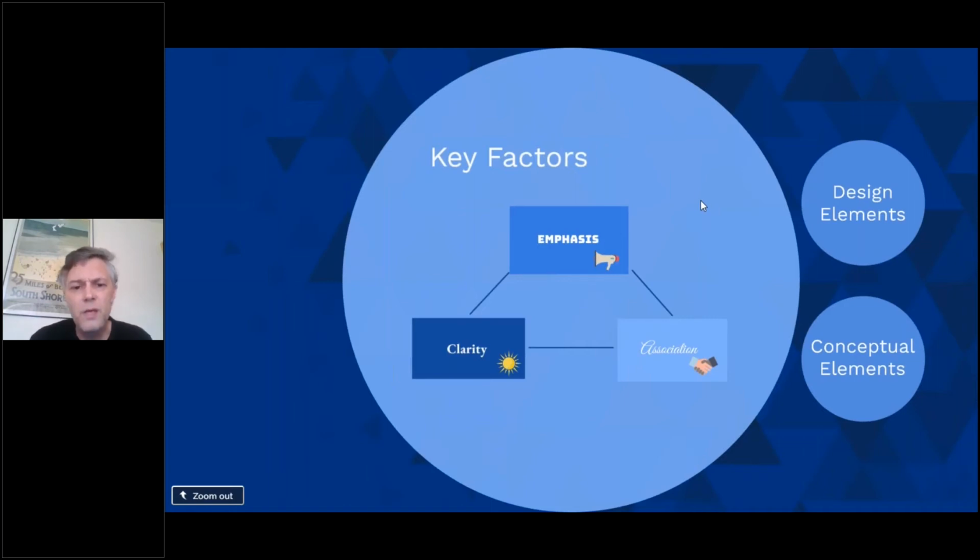So the key elements of this, the key factors, are emphasis, clarity, and association. Emphasis is built in as you identify the core secondary layer of nodes and give them a certain level of importance and strength, and that they have enough depth for themselves generally to allow you to explore deeper down into the map.